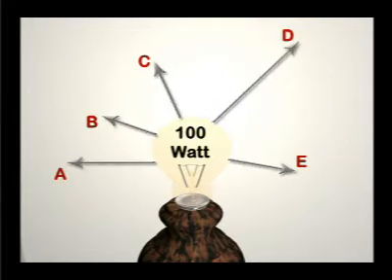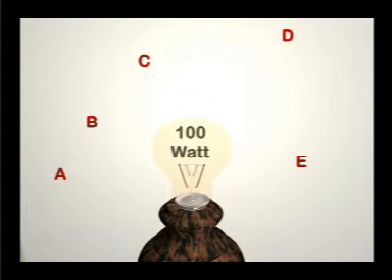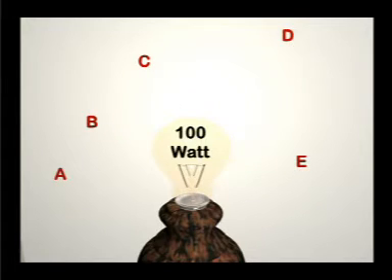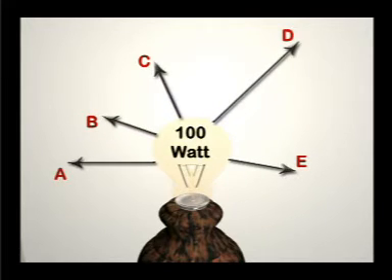Now, the magnitude can be understood as the wattage of the lamp, which will remain the same, but the intensity of light, which is different at points A, B and C, and is decreasing with distance, can be understood to be the intensity of the earthquake.